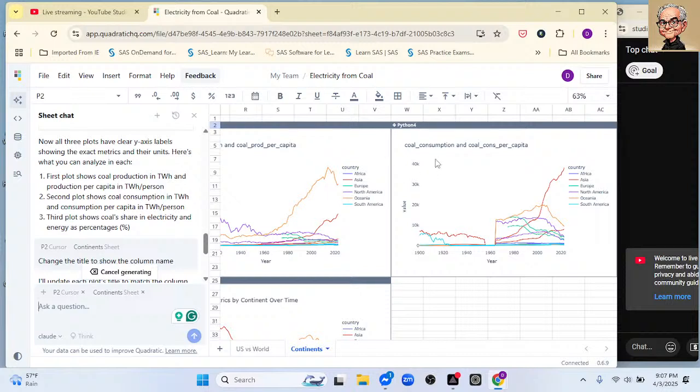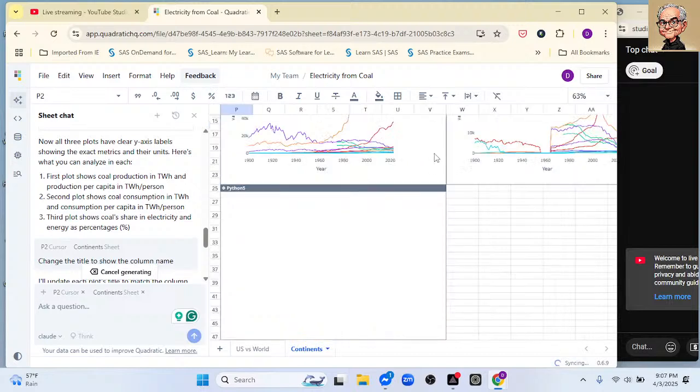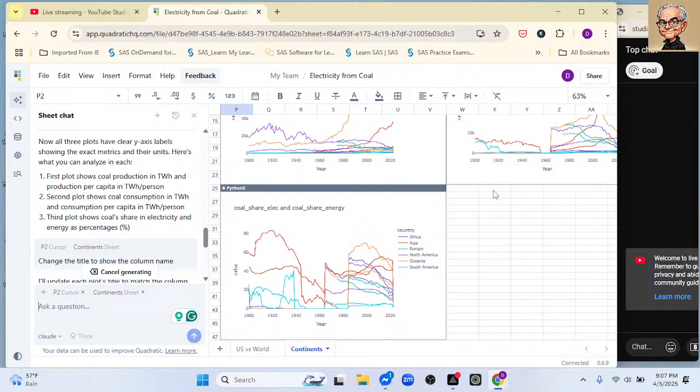Huh, interesting. Coal production. Okay, these are interesting. Coal consumption and coal consumption per hour. Interesting.